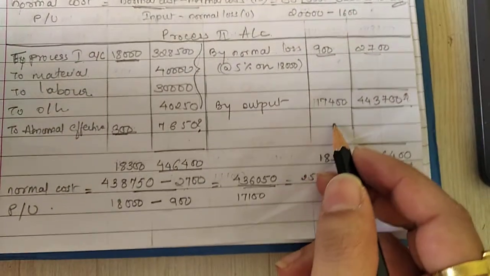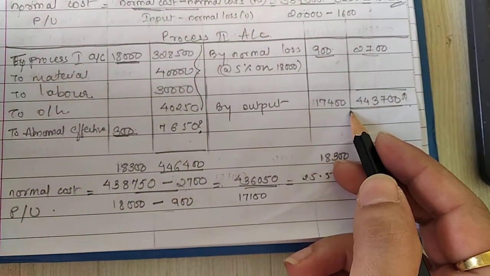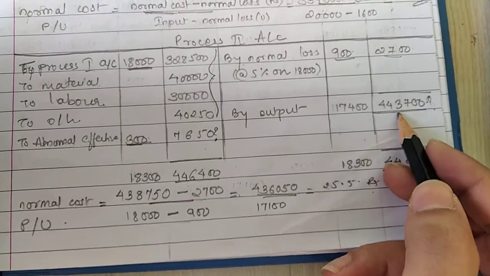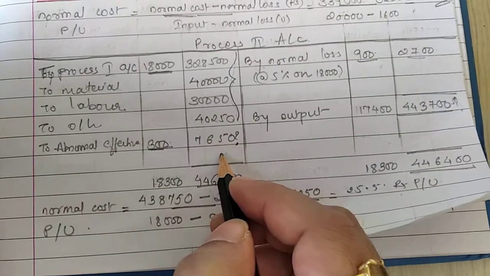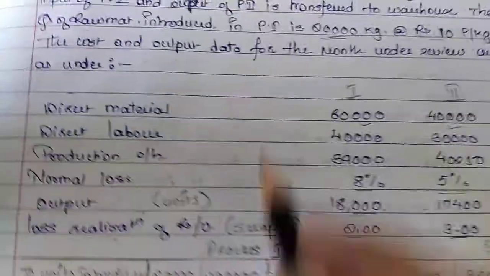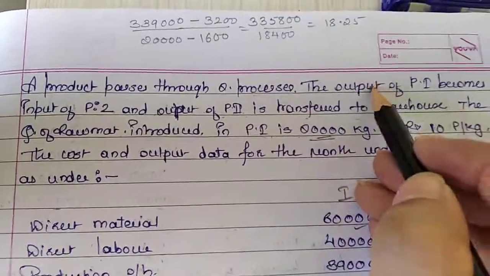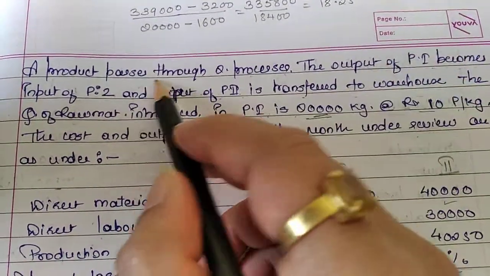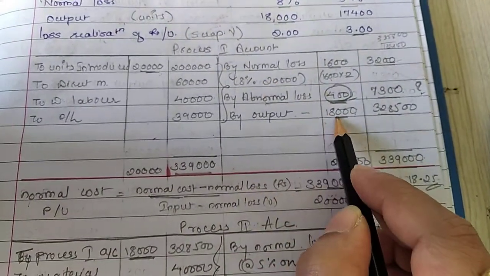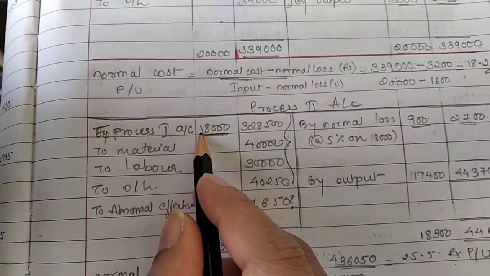So we have found over here our units in terms of output and the amount in terms of output. The output was given. We had no idea about the amount, which we have found by using this cost per unit formula. Now if you go to the problem, it says that the output of process 1 becomes the input of process 2. Yes, definitely. See, this is process 1, right? 18,000 has become the input of process 2.